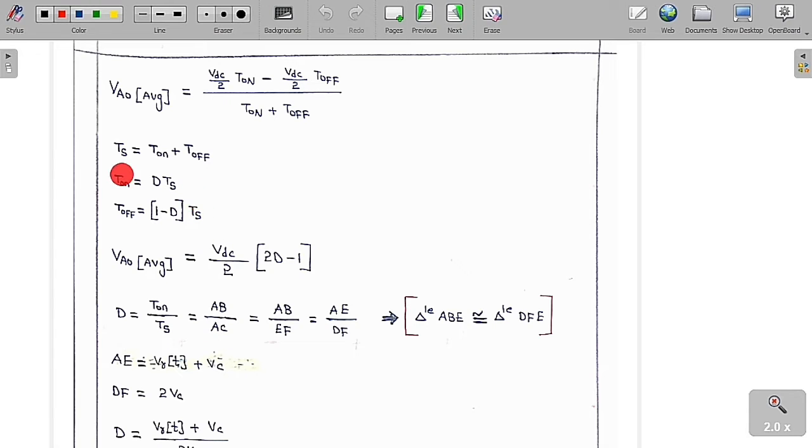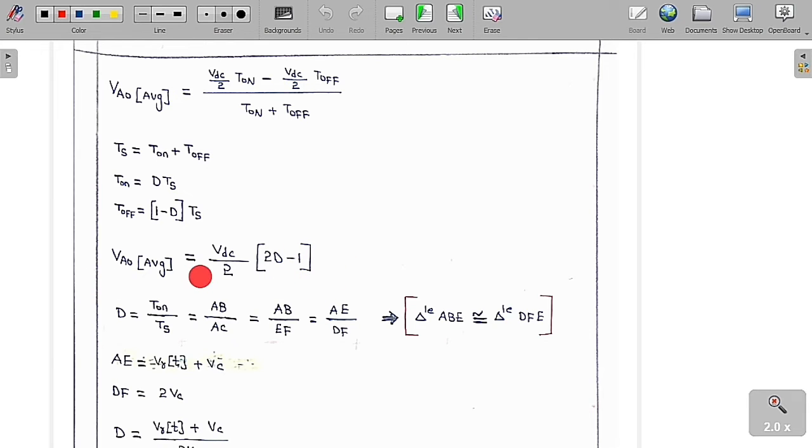You can substitute all these things in the above relation and convert in terms of D. Replace T on with D into Ts and T off with 1 minus D into Ts, and T on plus T off is equal to Ts. So if you substitute, we finally get VA0 average is equal to VDC by 2 into 2D minus 1.